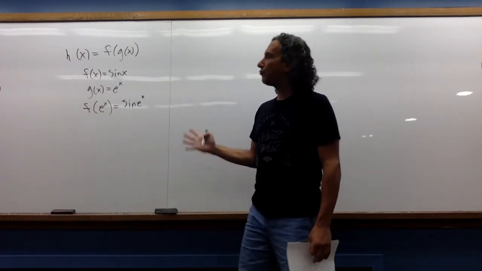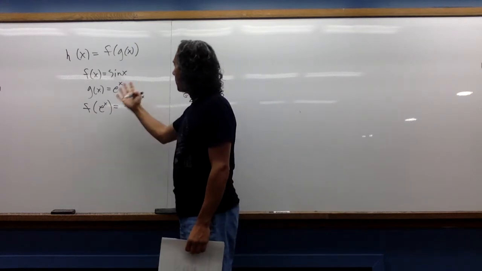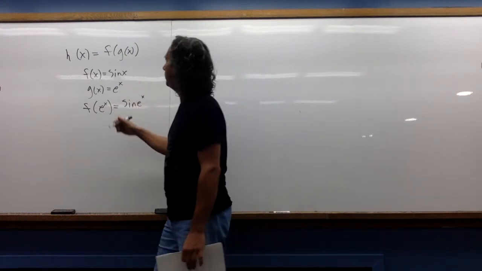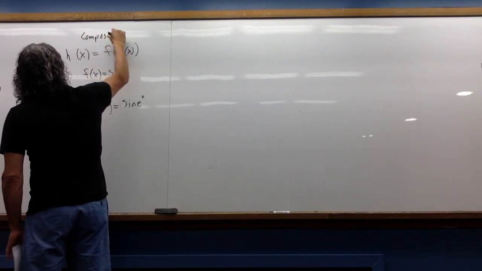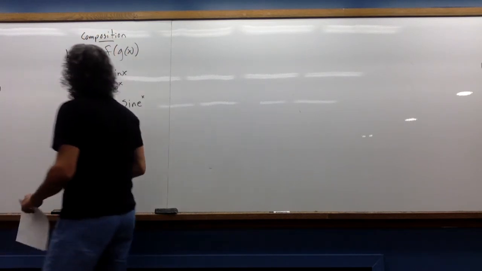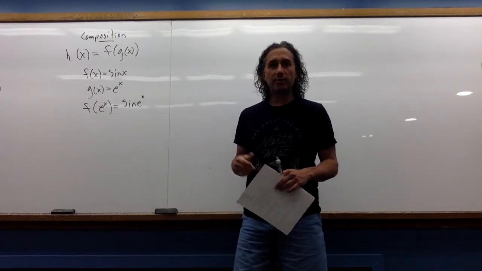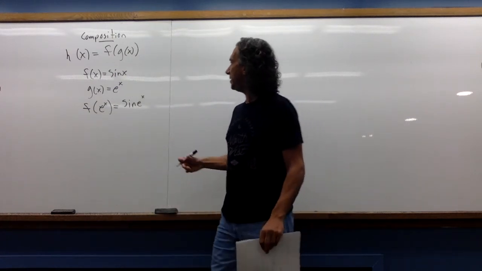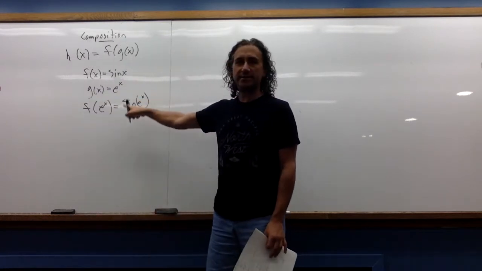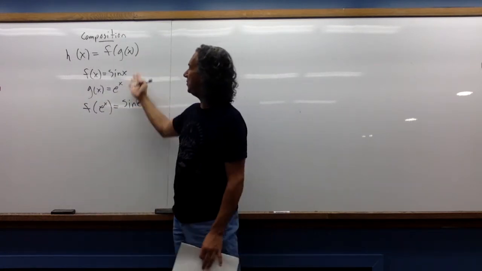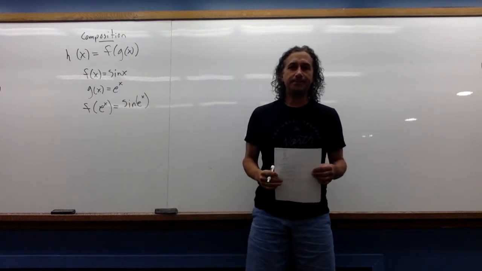So again, this is a pre-calc concept. If you don't seem to remember how to do that, I would recommend doing a Google search for composition, just so that you have pre-calc tools, because what we're going to be doing is we are interested in finding derivatives of creatures like this. And to be able to do this, you need to have the pre-calc skills down.